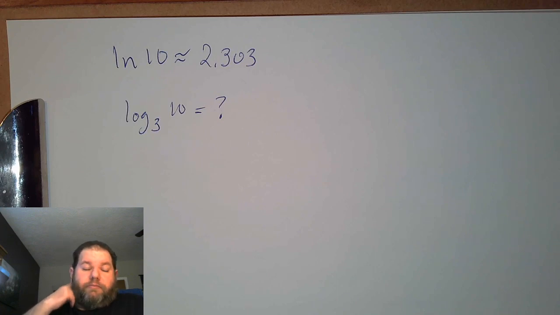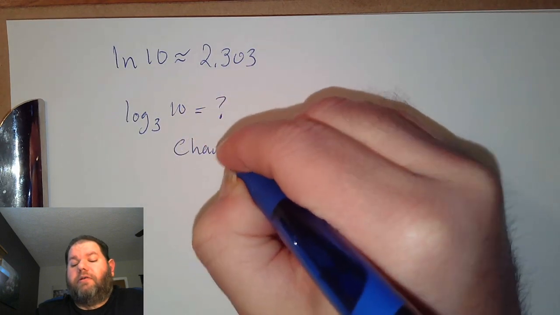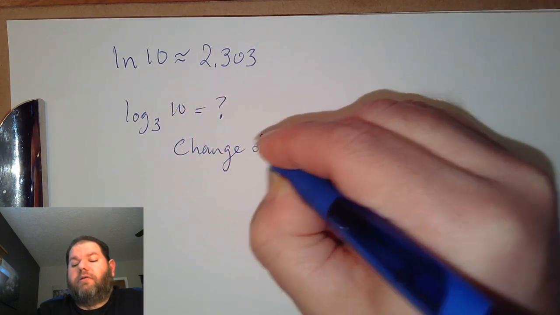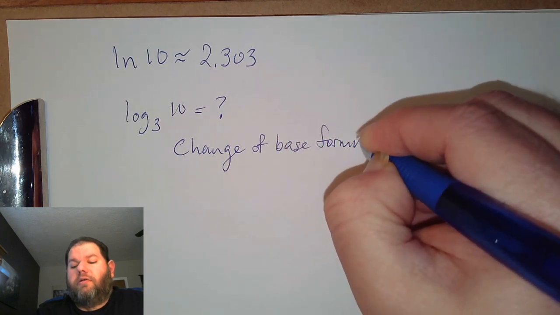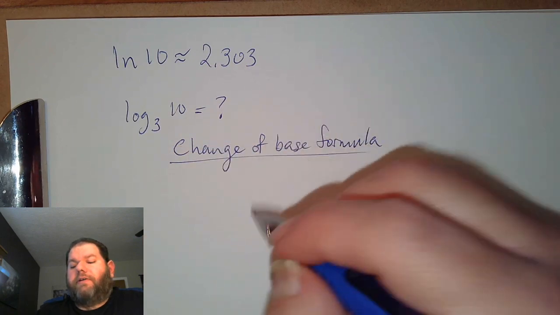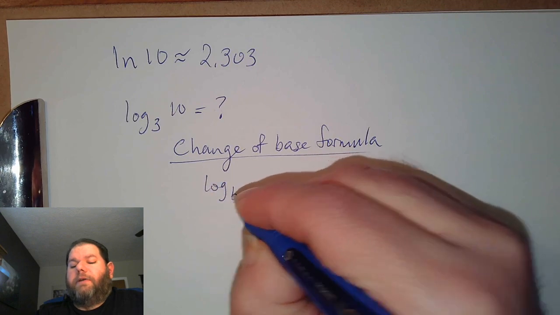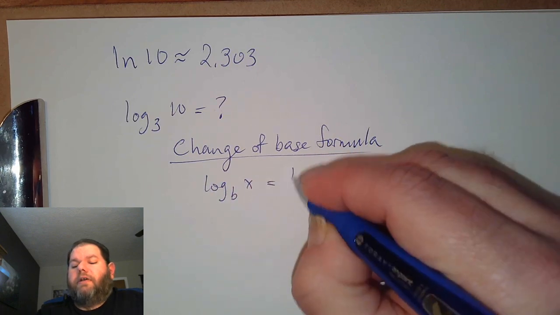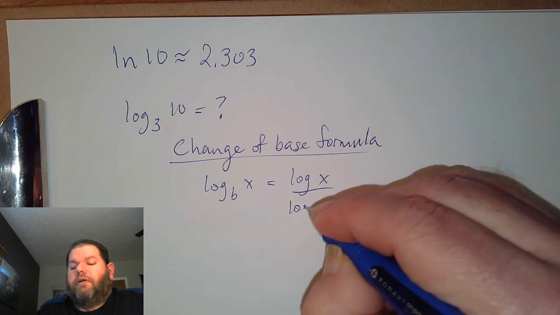Now, for this problem, we have what's called a change of base formula. What the change of base formula does, this is log base b of x is equal to log of x over log of b.